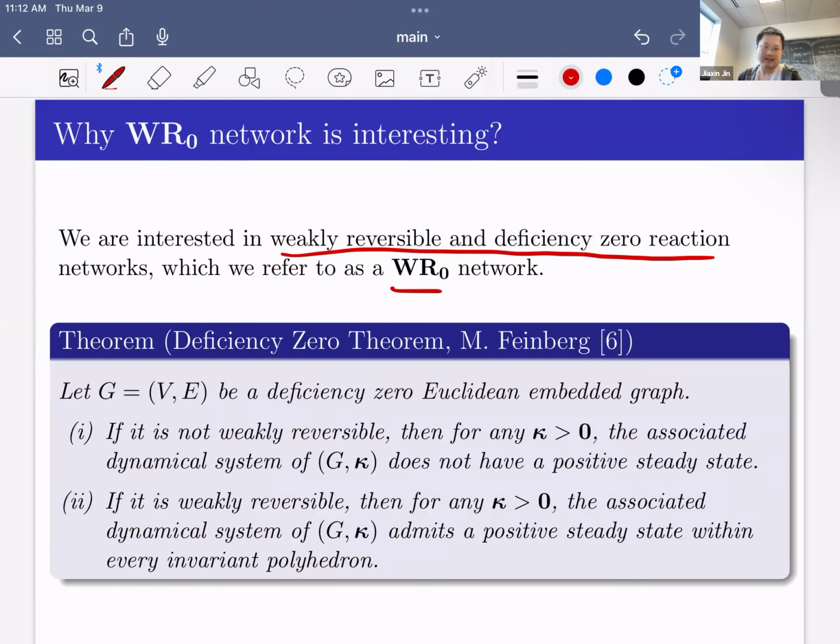The theorem says that if you give me a difference zero Euclidean embedded graph, and it is weakly reversible, then the system is automatically complex balanced and always has a positive steady state within each invariant polyhedron. There are many wonderful properties of complex balanced systems, like being locally stable, and a lot of nice theorems about that. So that's the motivation for looking into WR0 networks.